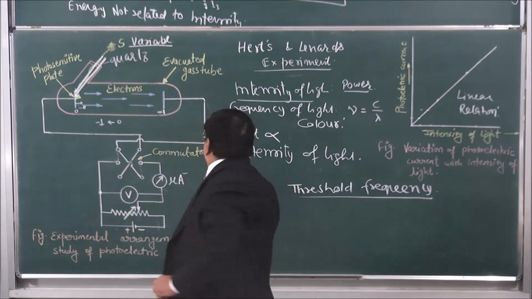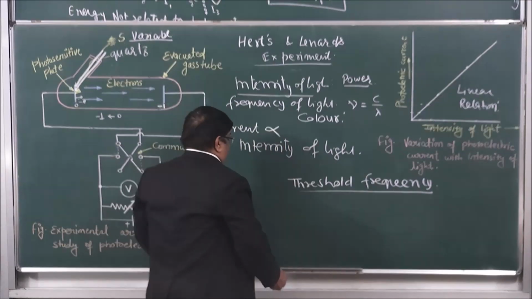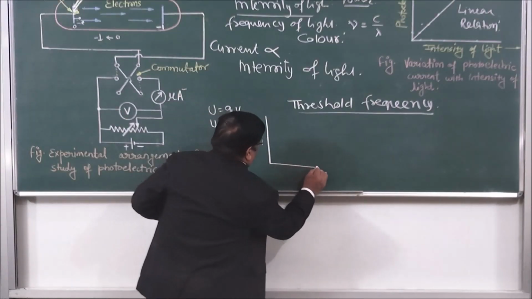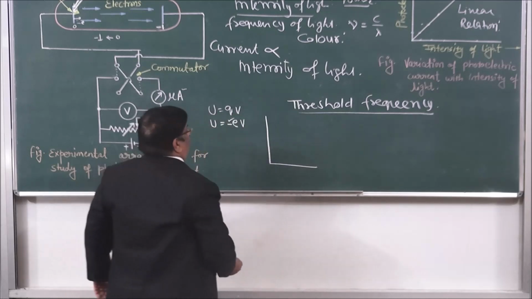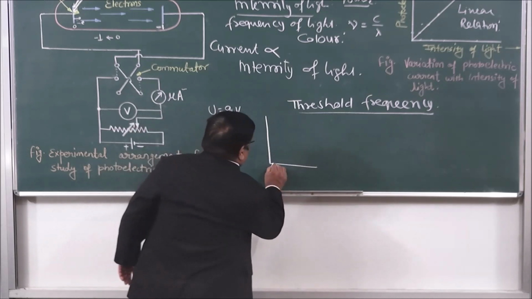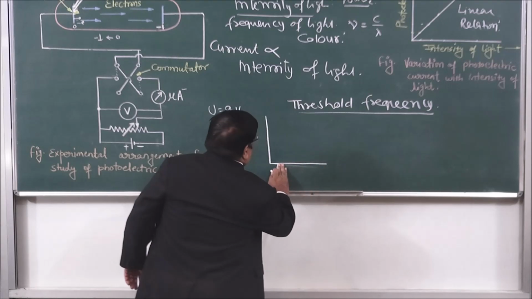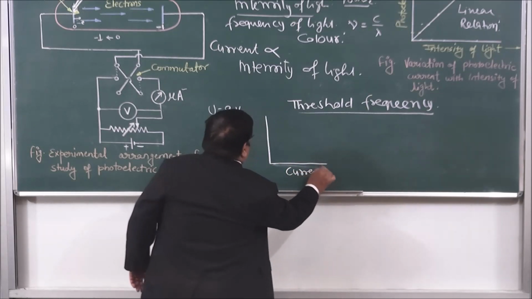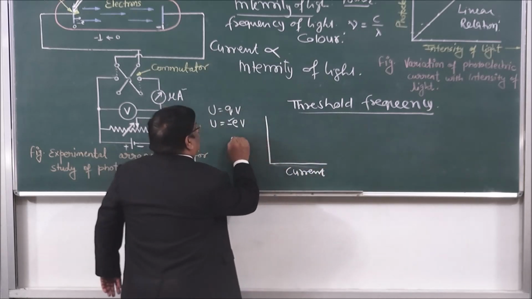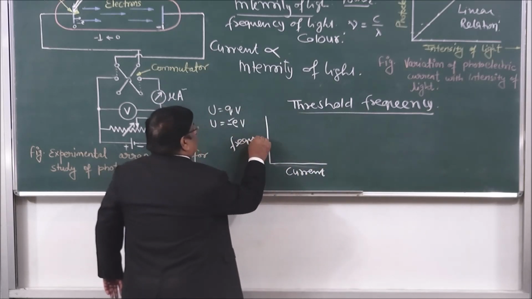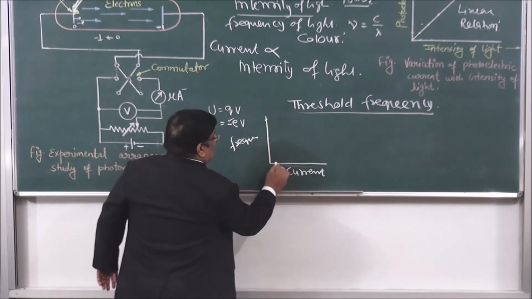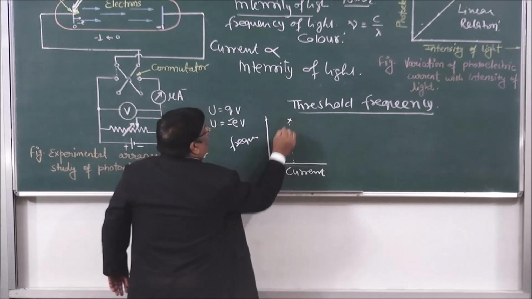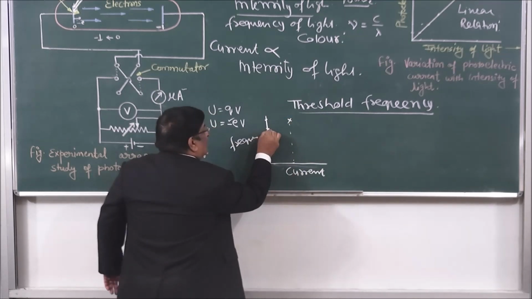Okay, we make a graph. This is, say, current, and this is frequency. At this high frequency, we see so much current coming at this point. We decrease the frequency.